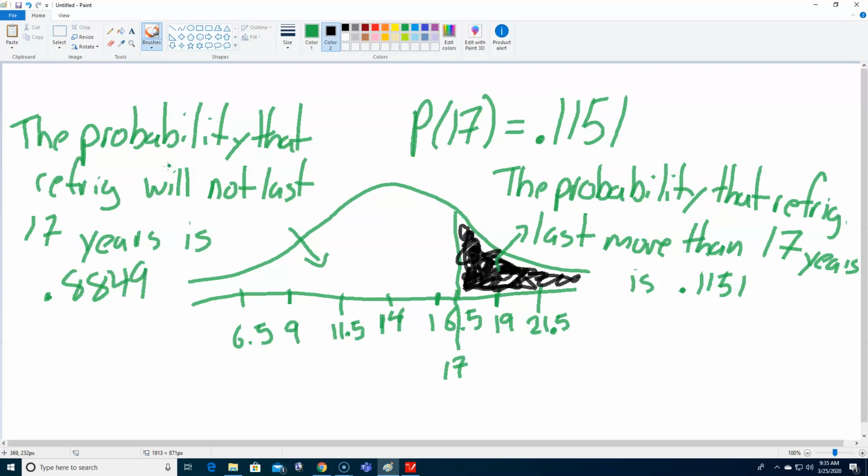Right, the probability that a refrigerator will not last 17 years is 0.8849.